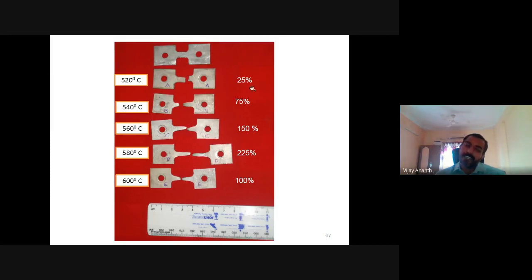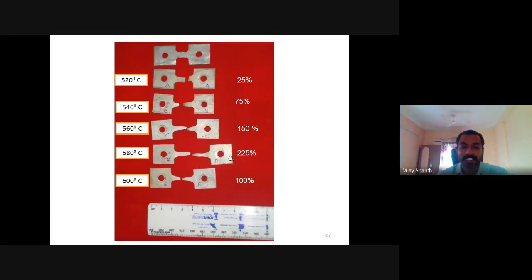At 520, 25% elongation. At 540, 75% elongation. At 560 degrees, 150% elongation. At 580, nearly 225% elongation.